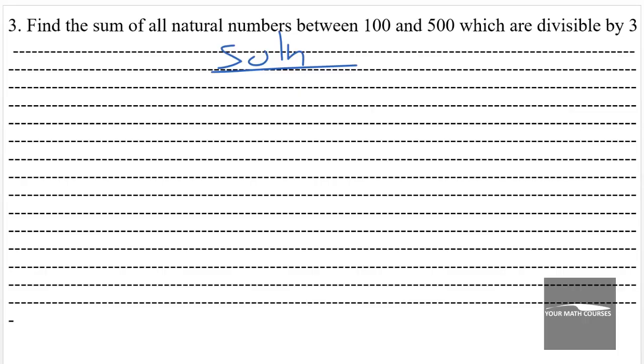With 100, 1 plus 0 gives 1. 101, 1 plus 0 plus 1, we get 2. Then 102, 1 plus 0 plus 2, we get 3. So the first number after 100 that is divisible by 3 is 102.